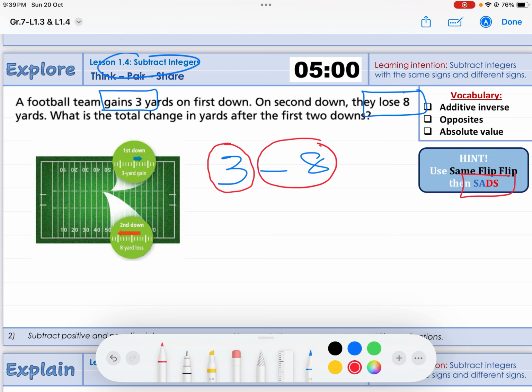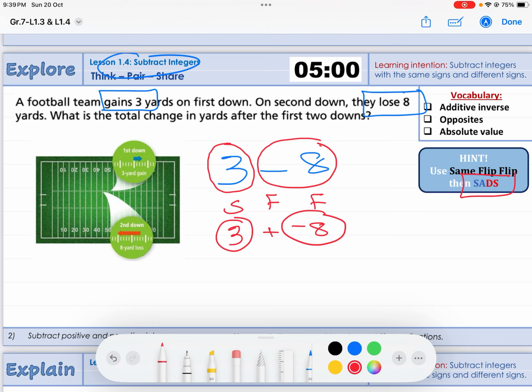Why, miss? Because simply, when we used to do same flip, do you remember it? Same flip. So we kept the first number, and then we flip, we change. We flip the minus into plus, and then we flip the sign of 8 into negative 8. So we're going to be ending up with 3 is positive and 8 is negative.